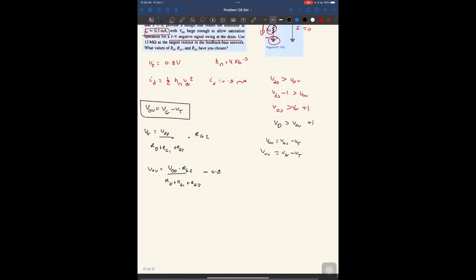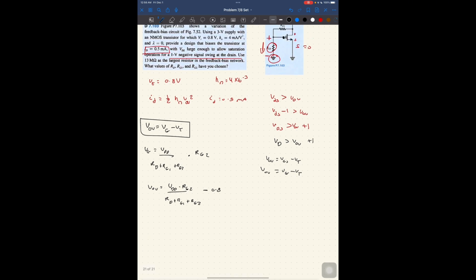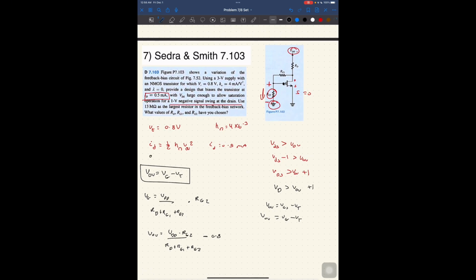Okay, that part's understood. And I know from this equation that ID, which is 0.5 milliamps, is equal to 1/2 Kn, which is 4 milliamps per volt squared. So I can just cancel this with this. 1/2 is 2 times VOV squared, such that VOV squared is equal to 0.5 over 2, or 1 over 4, such that VOV is equal to 1 over 2.